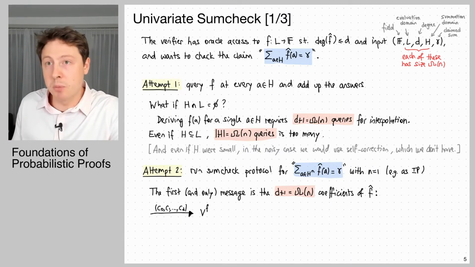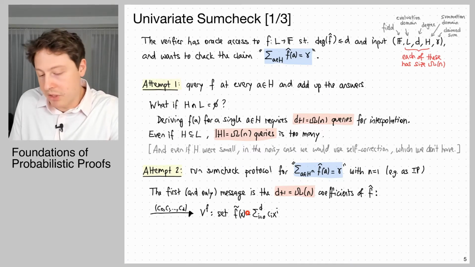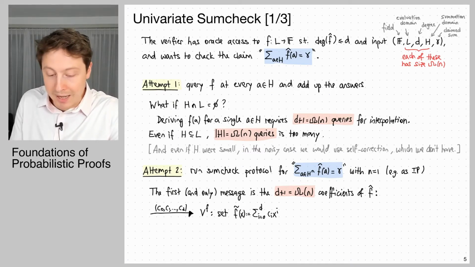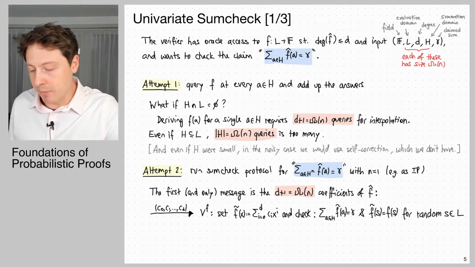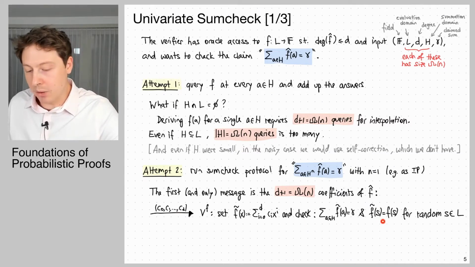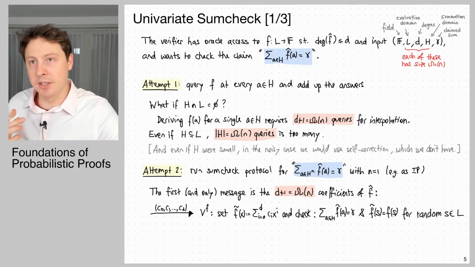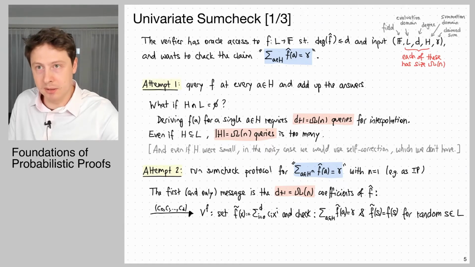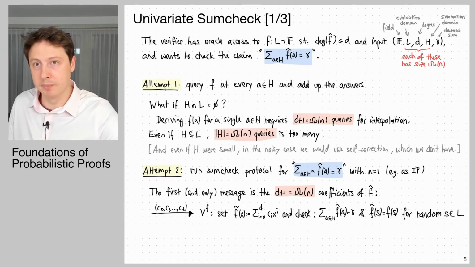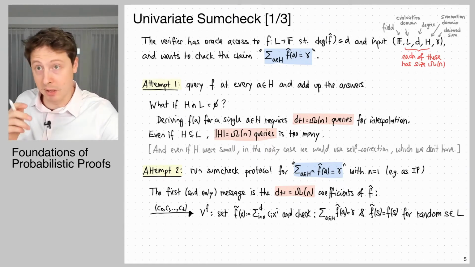And what would the sumcheck protocol do? It would construct the polynomial, allegedly represented by these coefficients, check it would have the right sum, and check that it coincides with the oracle that I have access to at a random point. Okay? This is the multivariate sumcheck protocol when n equals 1. It's basically just the last round.